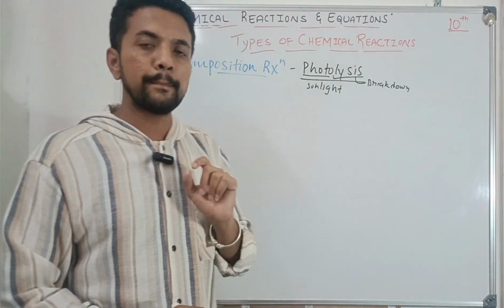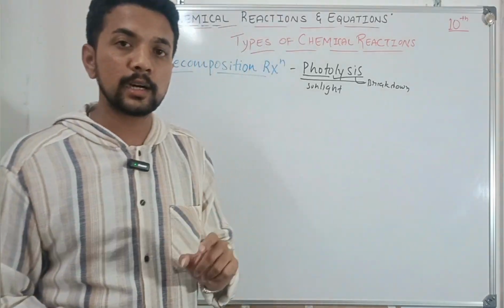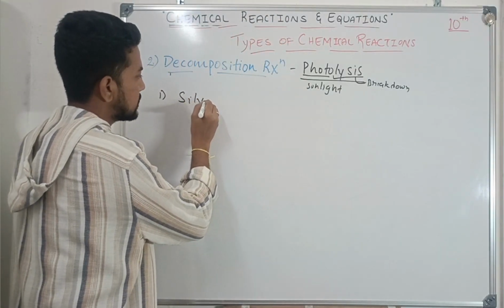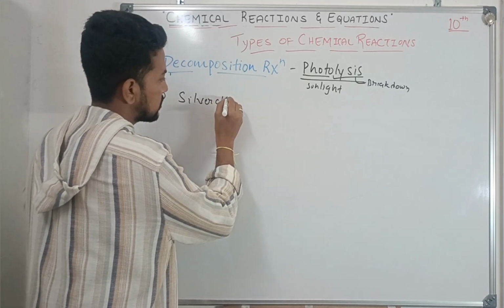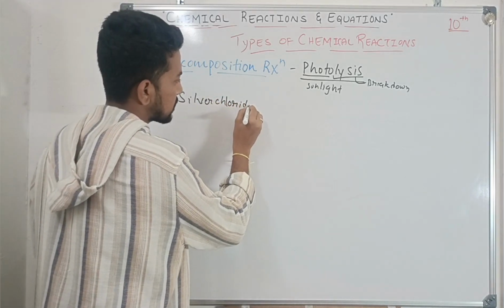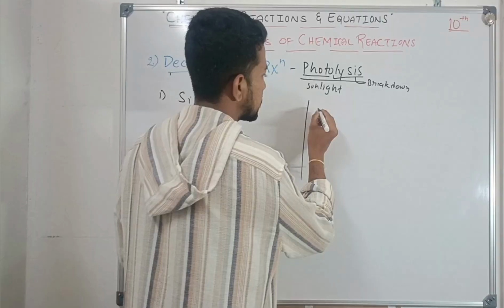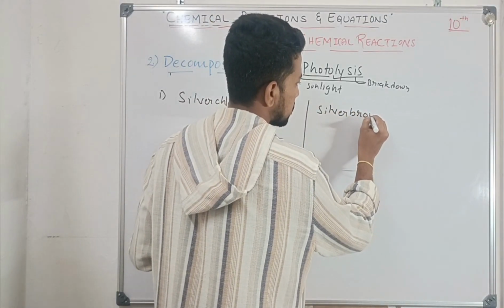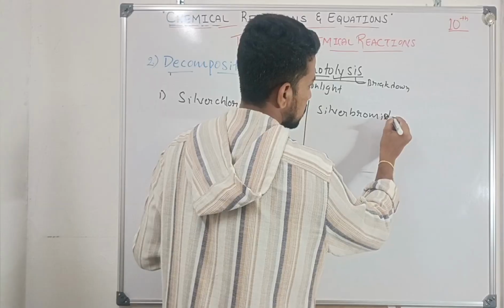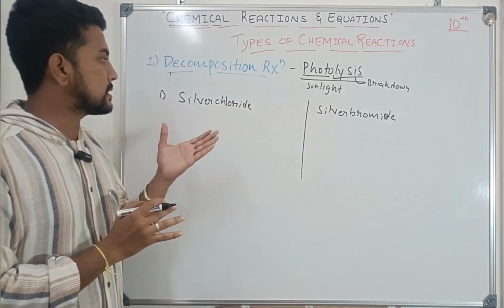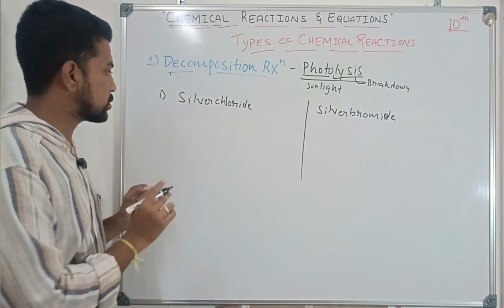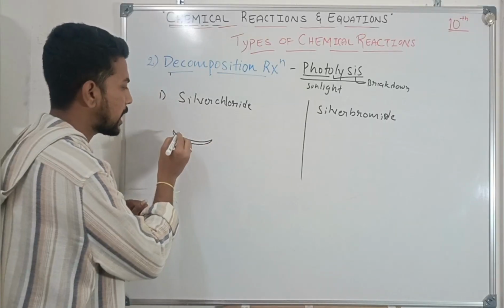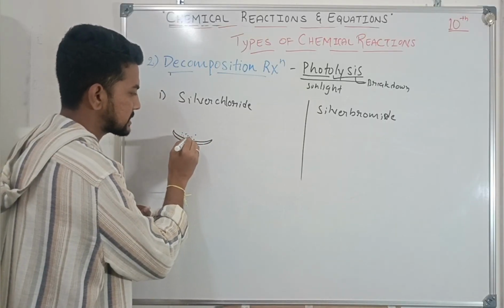One of the best examples for the photolysis decomposition is photolytic decomposition of silver chloride and photolytic decomposition of silver bromide. So here, first you have to take a china dish, and in this china dish you have to take the silver chloride crystals.